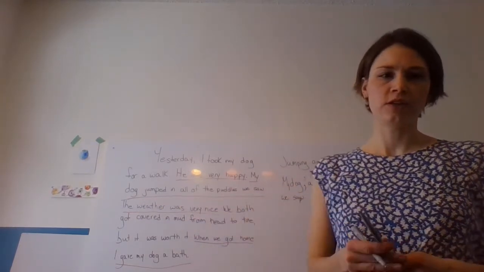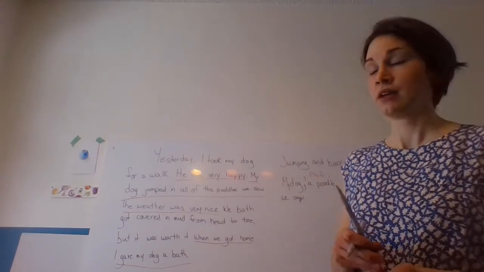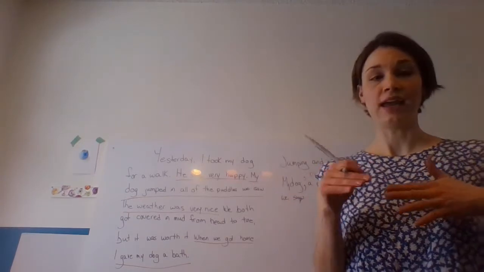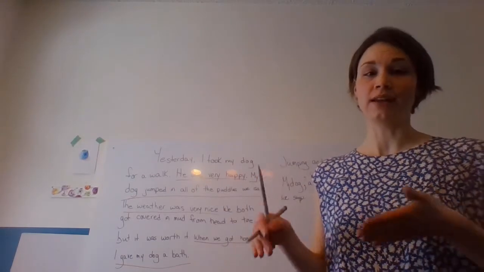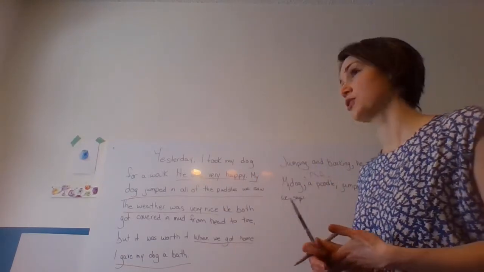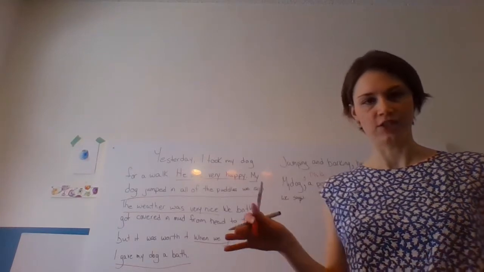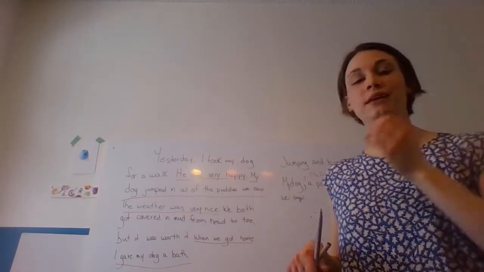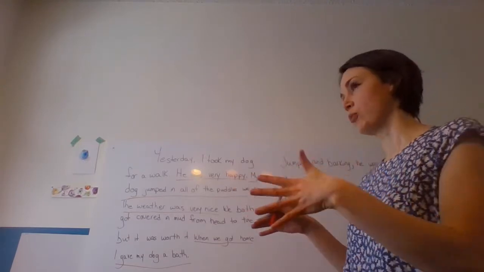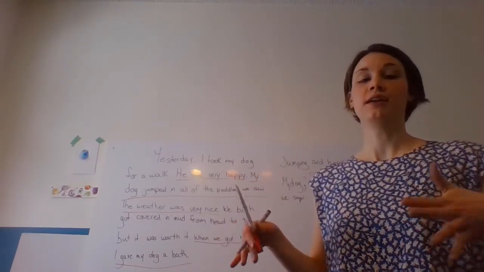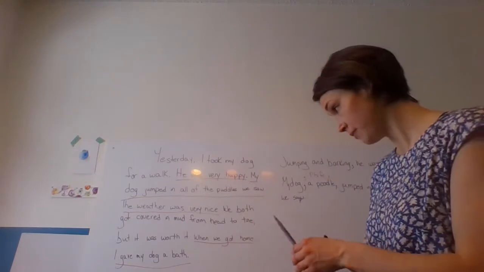Now another strategy is called using absolutes. An absolute is a noun, a person, place, or thing, paired with a verb ending in ing. An example of an absolute is hands shaking or lips trembling. You have your noun, hands, and your verb ending in ing, an action like shaking.